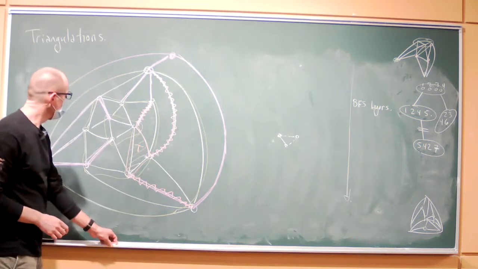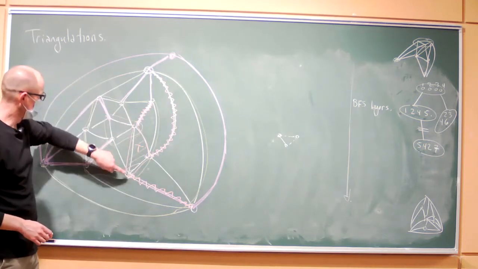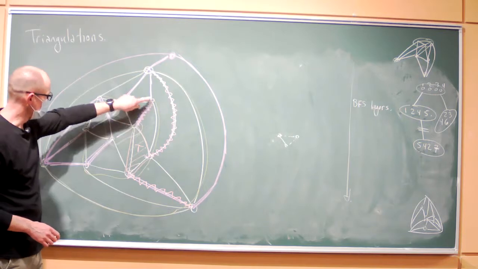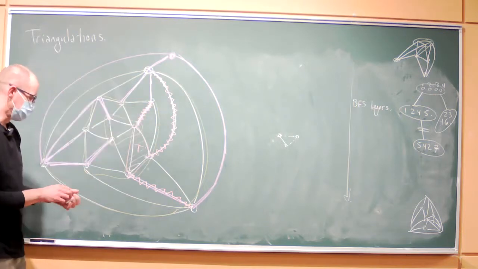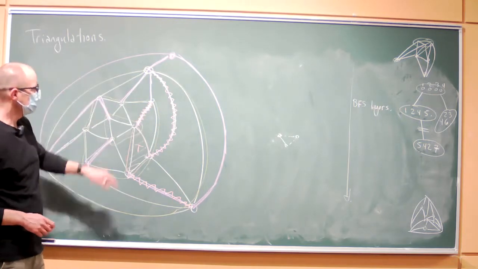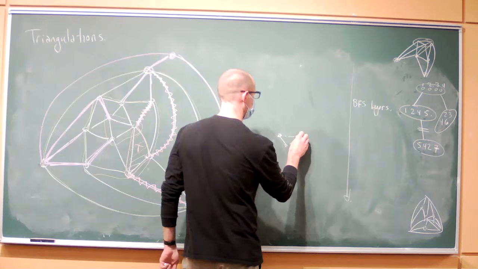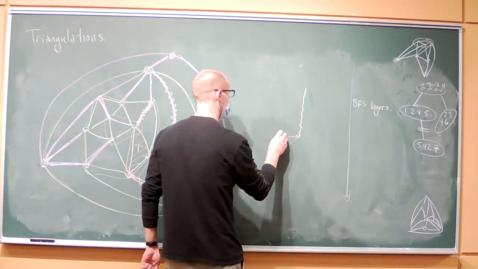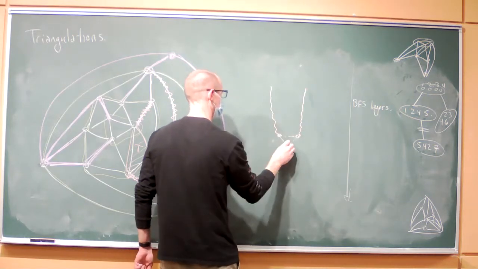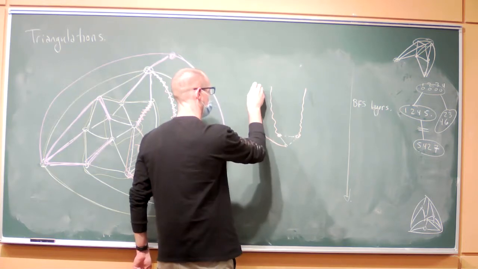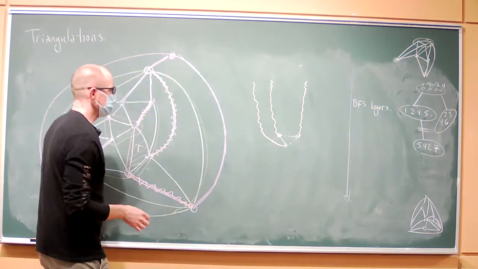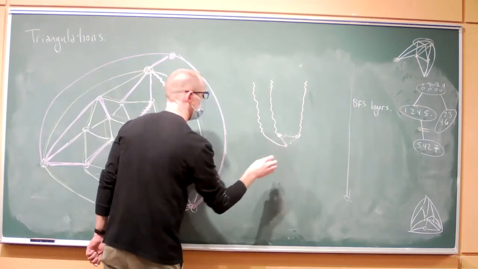And then that's the center of the tripod. These things are the legs. What do the legs look like? Well, they are going up in the BFS tree. So it looks something like this. So there's an abstract picture of a tripod.